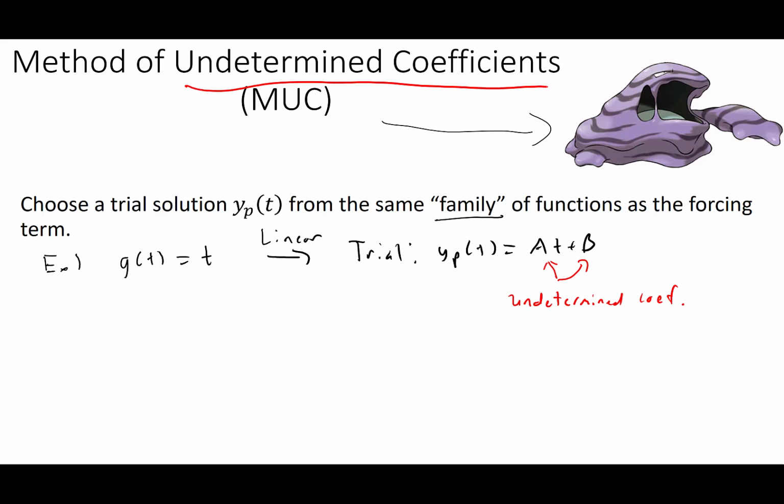As a second example, let's suppose instead that our forcing function was sinusoidal, as in that last example. Well, in this case, the family of functions which we want to draw from, and this is where you have to be a little bit careful and it might not be obvious at first, would be allowing for the midline to vary.